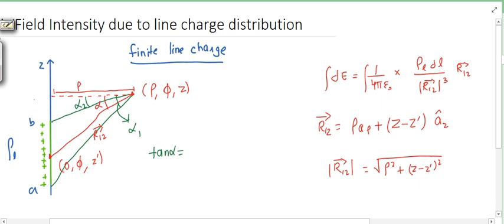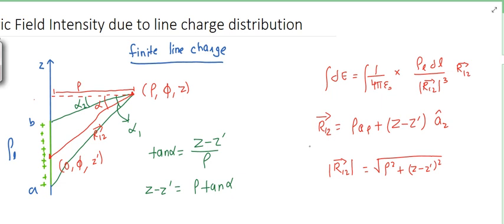So what is this distance? z minus z dash. And the base is the distance rho. So tan alpha is (z minus z dash) by rho. I have to use this, that's why I'm writing this earlier. So z minus z dash will be rho tan alpha.